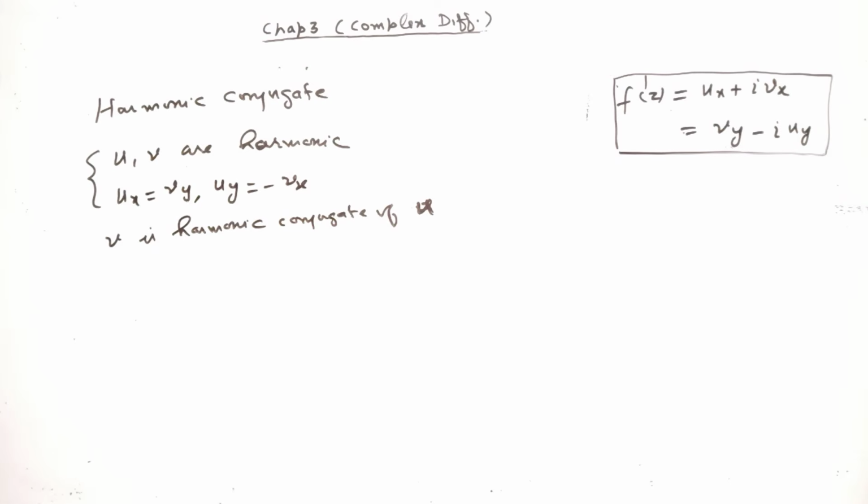So you know that if CR equations are satisfied and these first order partial derivatives are continuous, then sufficient condition for differentiability is satisfied. So you can say that the function is analytic. So this result is fine. When f(z) is analytic in a domain D, then v is harmonic conjugate of u and converse is also okay.